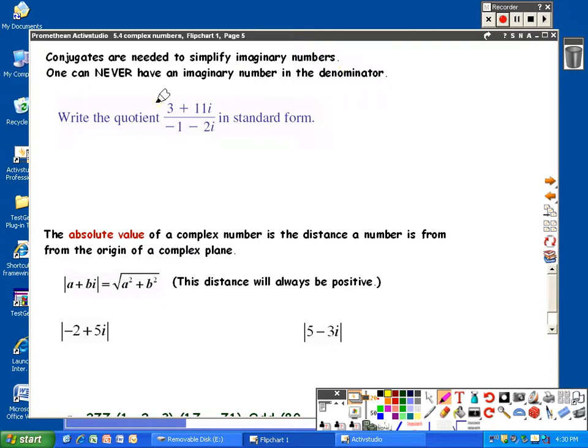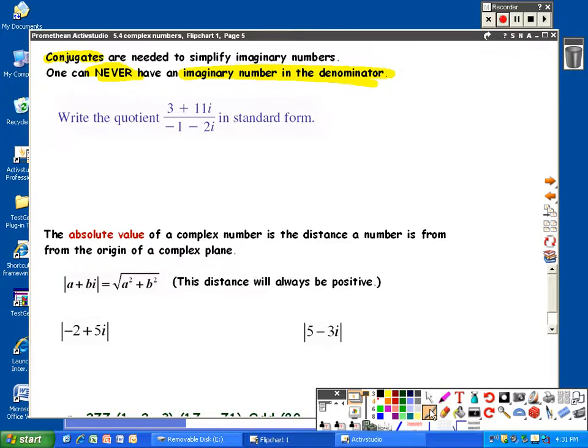And since you can never have an imaginary in the denominator, that is when you're going to need to multiply by the conjugates. For example, 3 plus 11i over negative 1 minus 2i. Since you cannot have square roots in the denominator, and i is the square root of negative 1, we cannot have an i in the denominator.